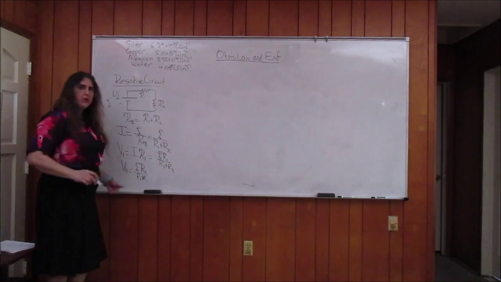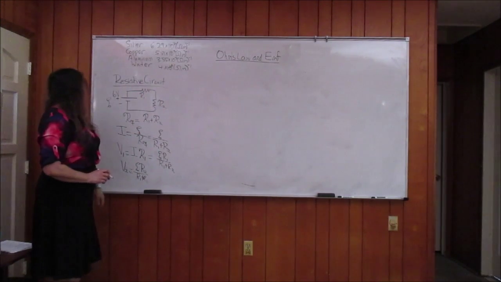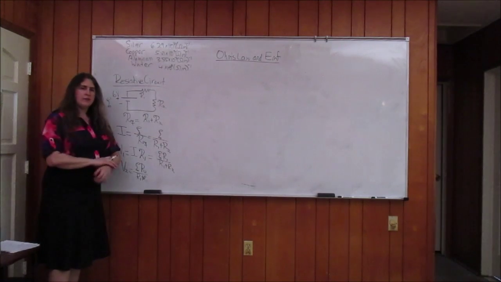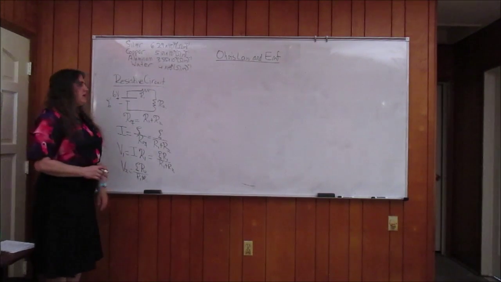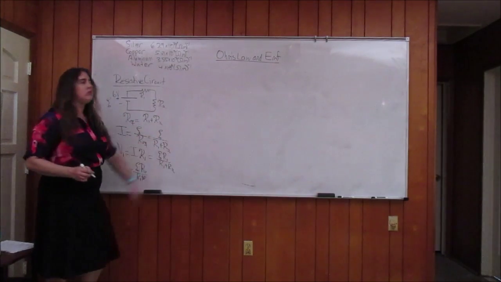And if you add these two up, you see that the potential drop over R1 and R2 is equal to the voltage supplied by the battery. And remember, EMF is that influence that carries charges from lower potential to higher potential.